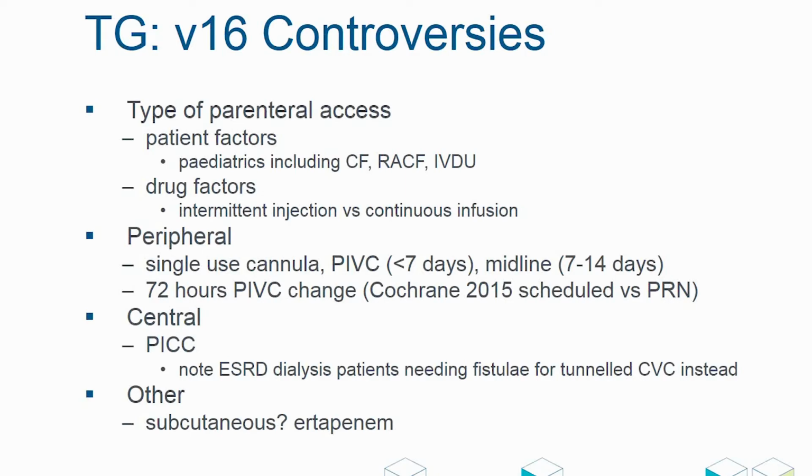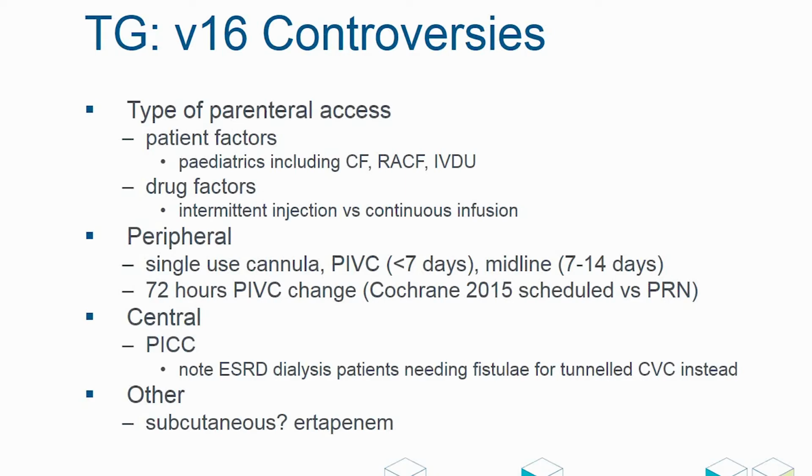So obviously patient factors, CF, more likely to... there was an interesting CF paper, I don't think it was Australian, but it showed that CF patients were obviously better at managing their lines.